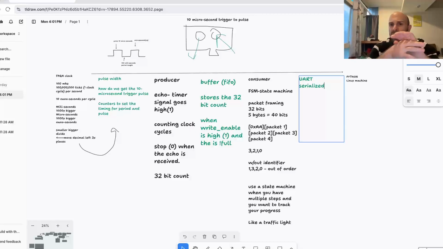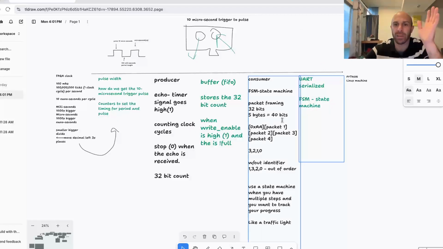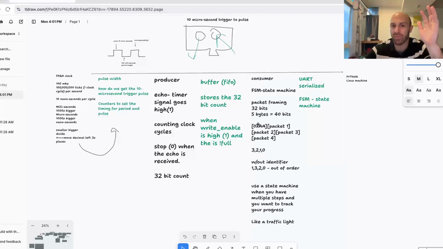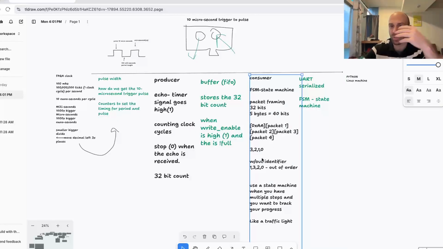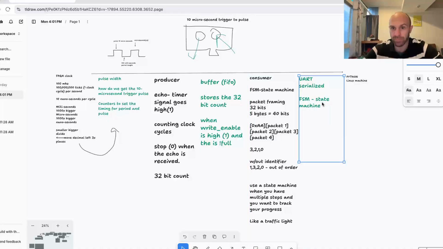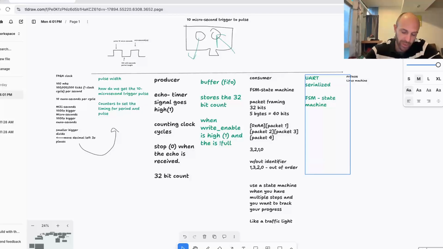So this data needs to be serialized. Again, we need another FSM, because last time we needed steps to take the packet. We needed to order the packets with the identifier being first and then 1, 2, 3. So each step had to be ordered. Now we have to take those packets and serialize them.